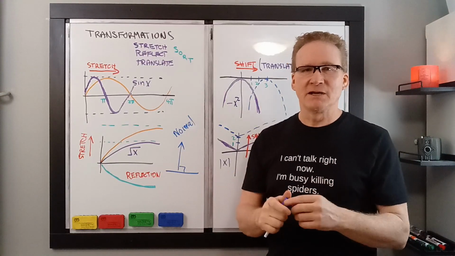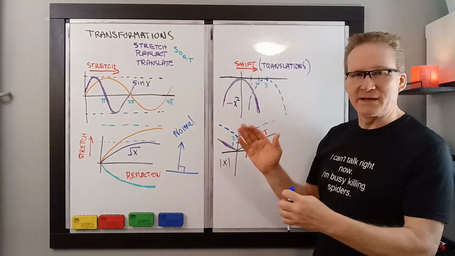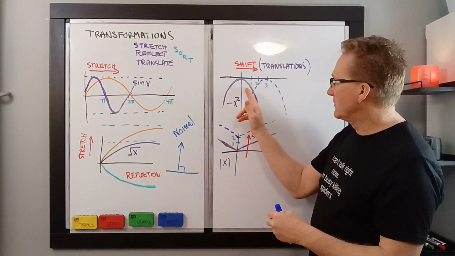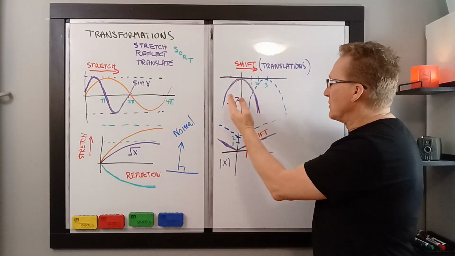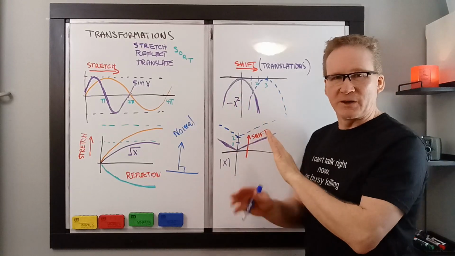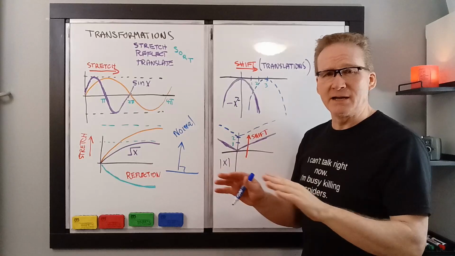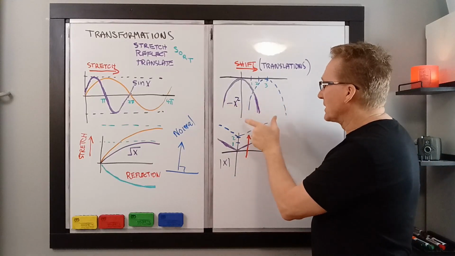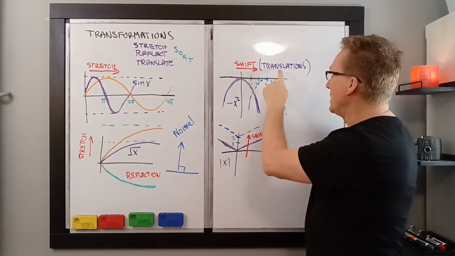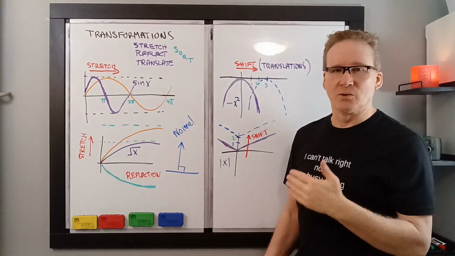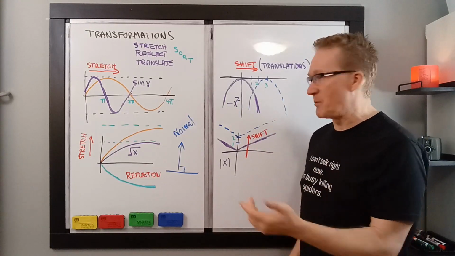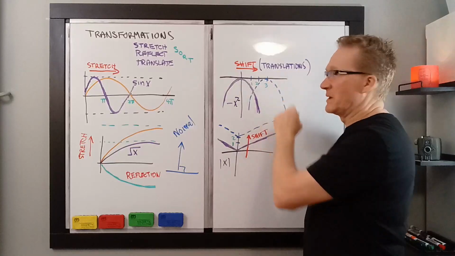And in mathematics, we use the word translate to mean if you've drawn something, you've drawn a shape like this purple one here, this purple parabola, and you're moving it to a new place on the graph without changing its shape or its size, you're just simply shifting it this way or shifting it this way, then you are translating this function or translating that shape from one place to another. That's what it means to translate.